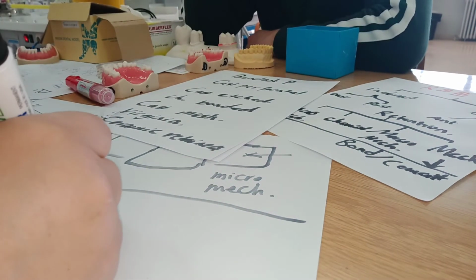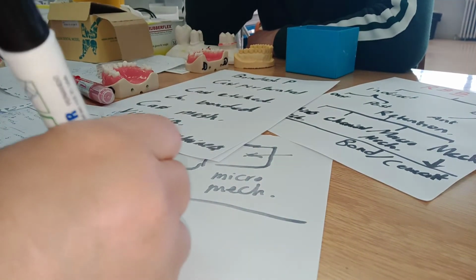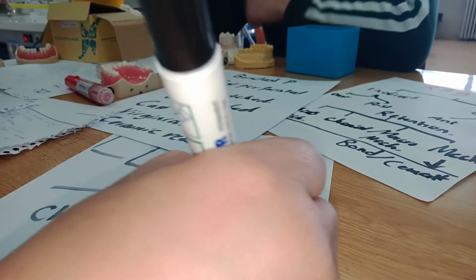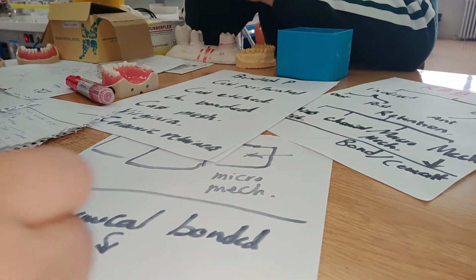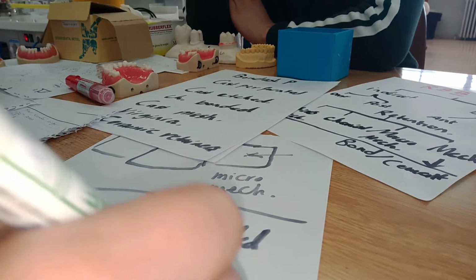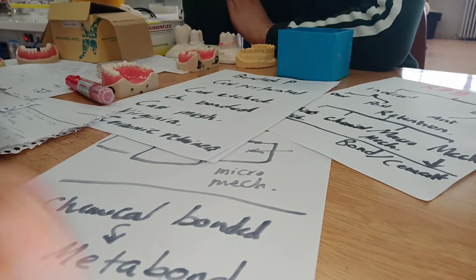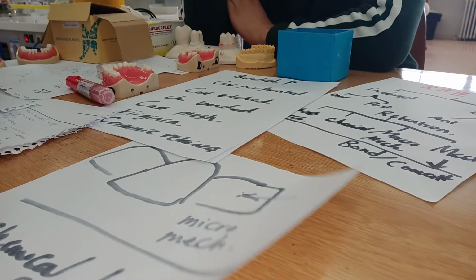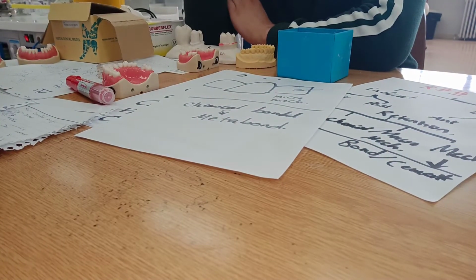The chemical bonded type depends on the type of the bond they add, and they usually use a metal bond for it. Okay, this is just talking about the type of cement. It doesn't have a lot to say about, but then we're going to go to the next type.